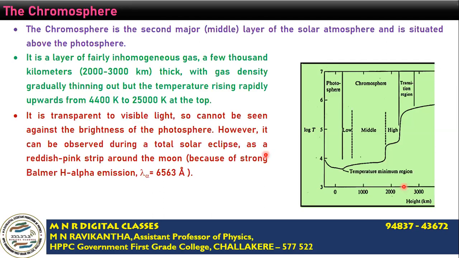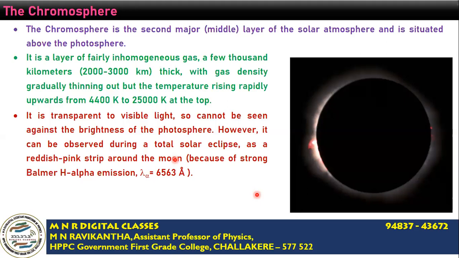It is transparent to visible light, so we cannot see the chromosphere against the brightness of the photosphere. However, it can be observed only during the total solar eclipse as a reddish pink strip around the moon, because of the strong Balmer H-alpha line emission. The wavelength of this Balmer line is 6563 angstroms.